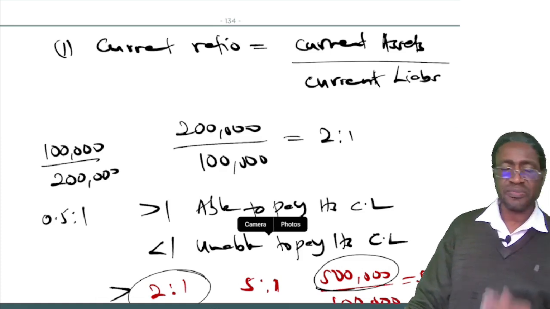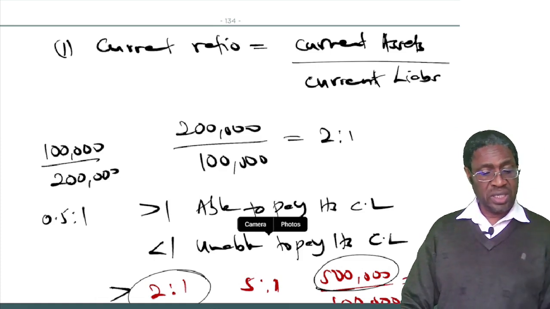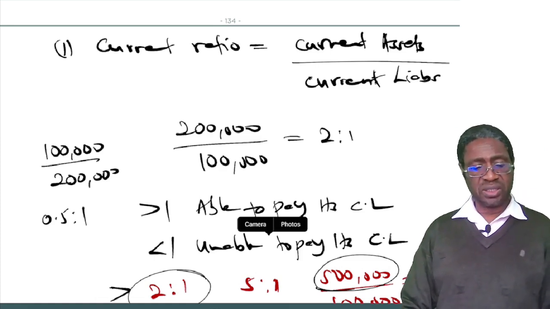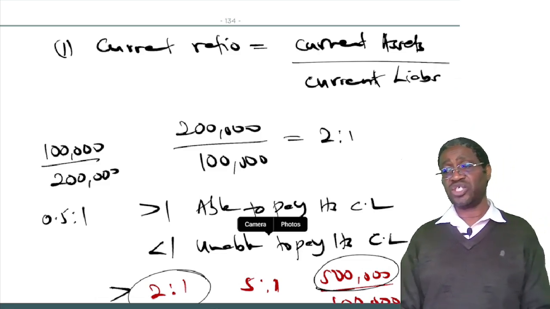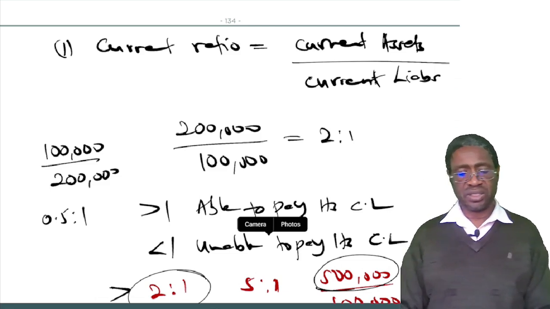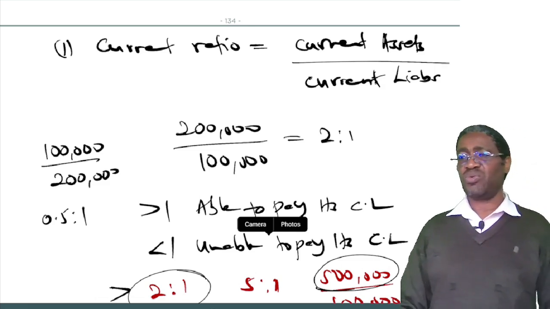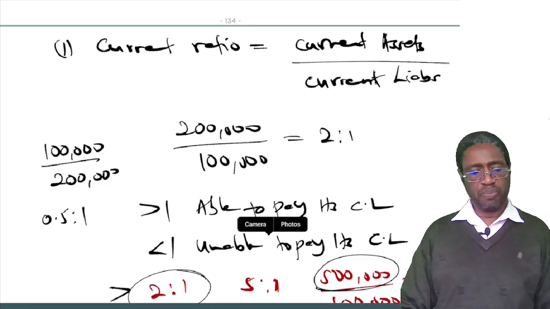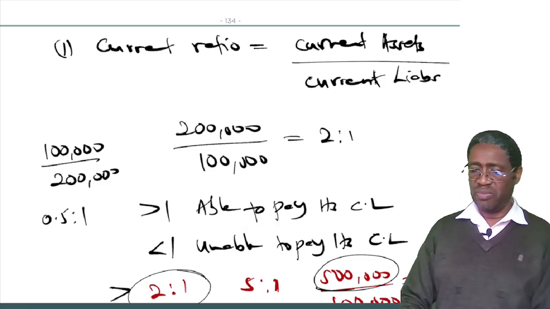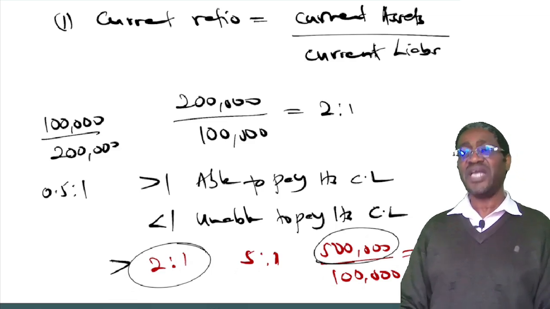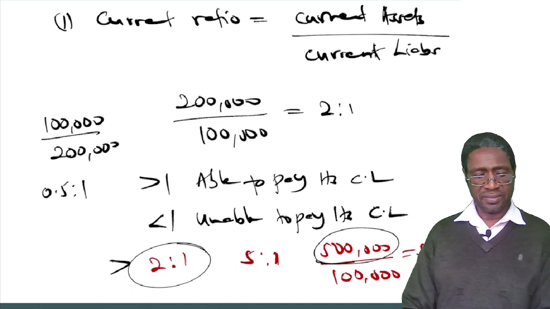Another paragraph. Any ratio less than 1 means that the firm is unable to pay its current liabilities.